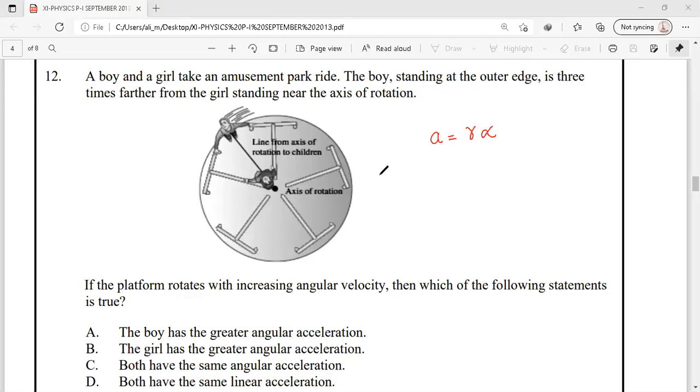As we can see, all the bodies will not have the same angular acceleration. The person that is away from the axis of rotation, the greater the distance, the more acceleration it will have. So the correct answer is that the boy has a greater angular acceleration. Option A is the right answer.